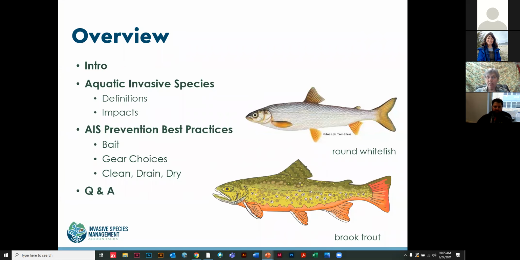So just getting into an overview of where we're going today, I'm going to give a brief introduction. I've already started on that. Part 2, we're going to get into some definitions of what aquatic invasive species are. Let's all be on the same page. It can get a little complicated when we're talking about fish in particular, but we're also going to talk about ecosystem impacts, economic impacts of aquatic invasive species, and social impacts of aquatic invasive species, because angling is not just an economic engine.